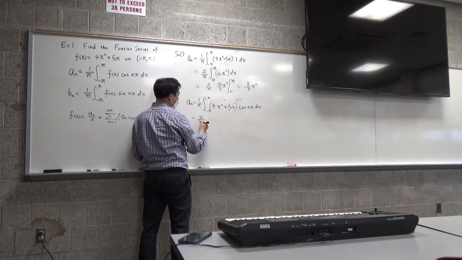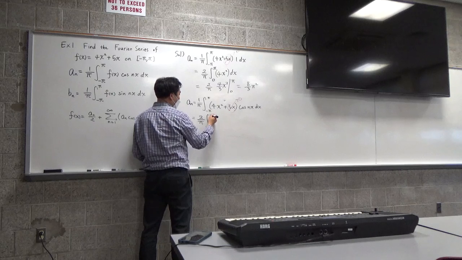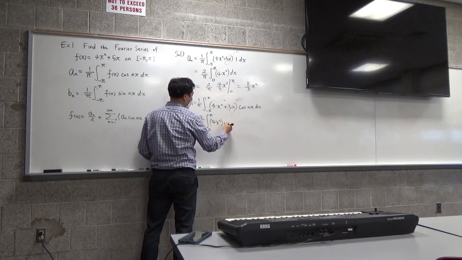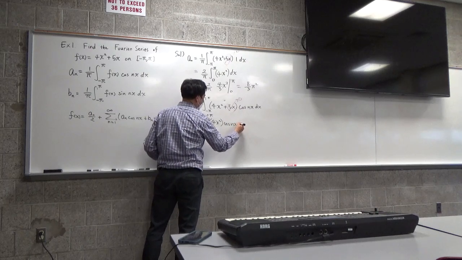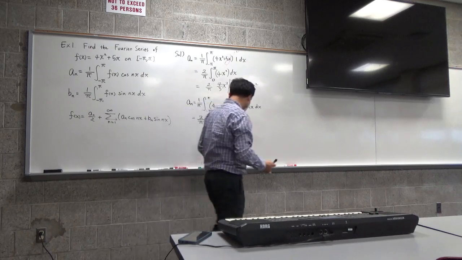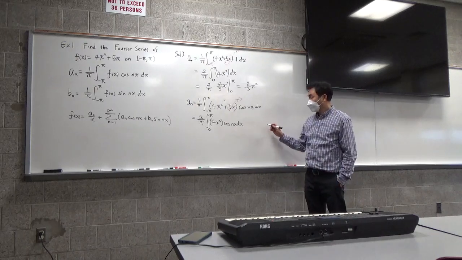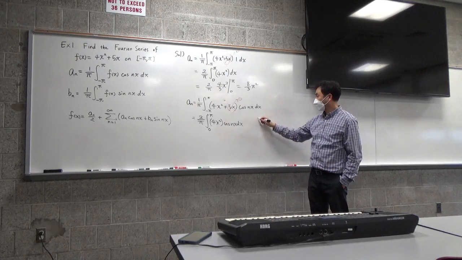And you have 2 over pi, integration from 0 to pi, of 4x squared cosine nx dx. Now for this one, you should use tabular integration.